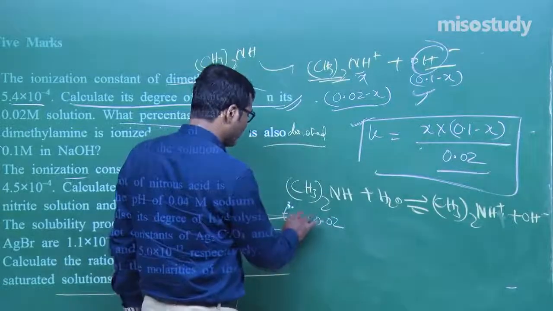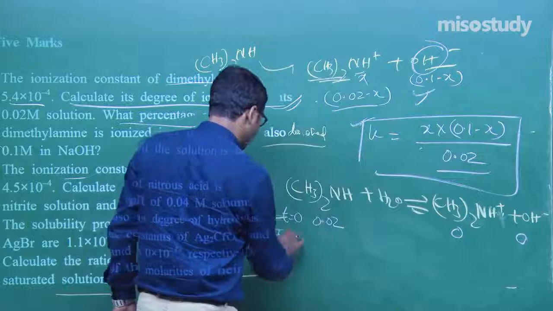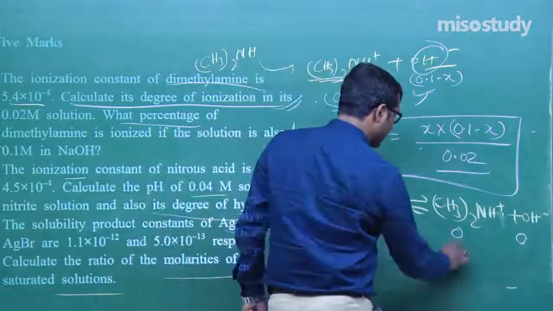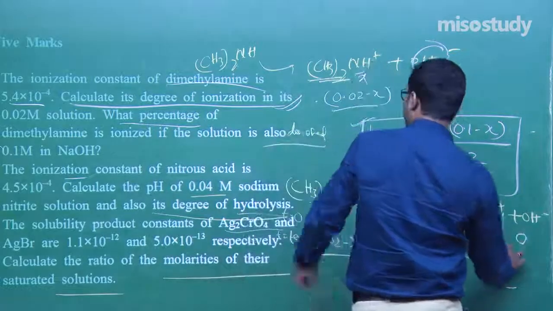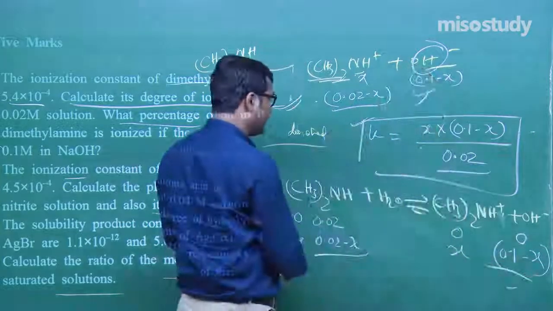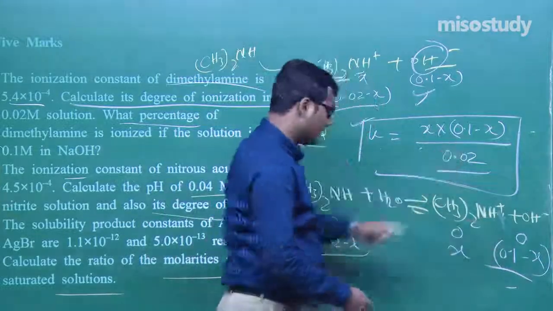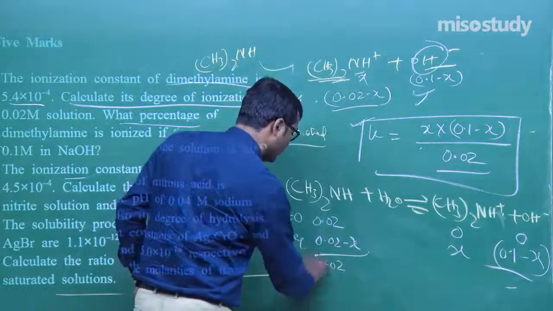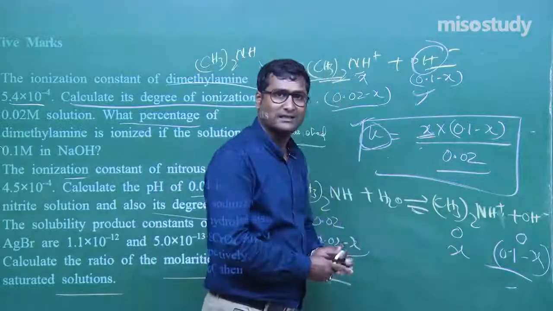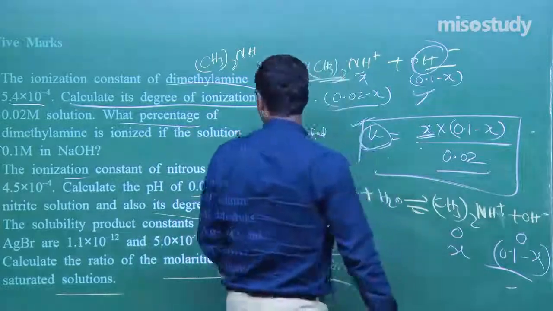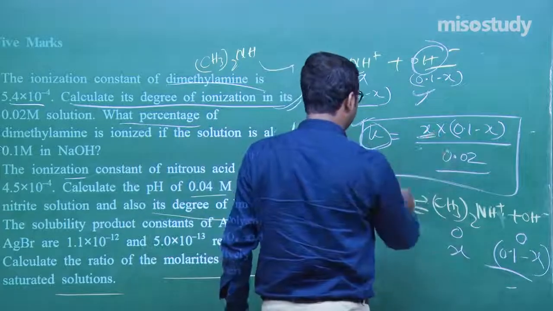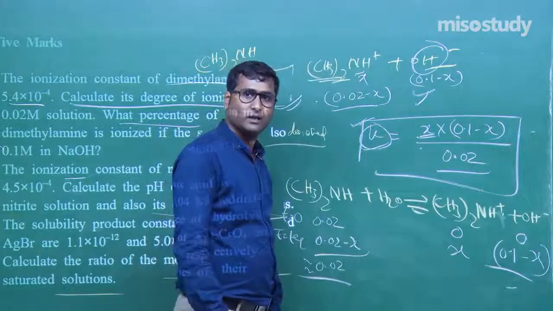When we start it is 0 and 0, and at equilibrium time t it is 0.02 minus X, and we get here the value of X, and here 0.1 plus X. Clear? Now K is equal to product upon reactant, and 0.02 minus X is almost equal to 0.02. Put the value, K is given, you can get the value of X. This is the case when it is treated with 0.1 molar NaOH. Now percentage ionization is X divided by 0.02, you can get the answer. Am I right, my friend?